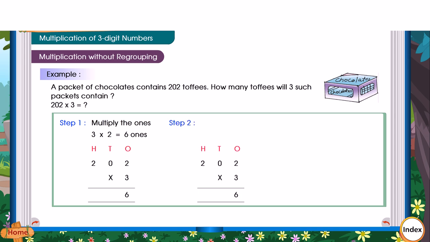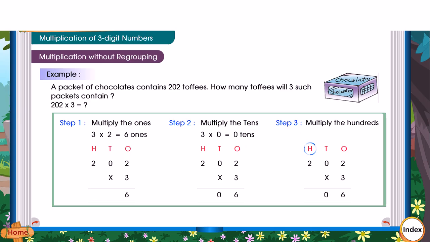Step 2. Multiply the tens. 3 into 0 is equal to 0 tens. Step 3. Multiply the hundreds. 2 into 3 is equal to 600. Answer. 606 chocolates will be there in 3 packets.